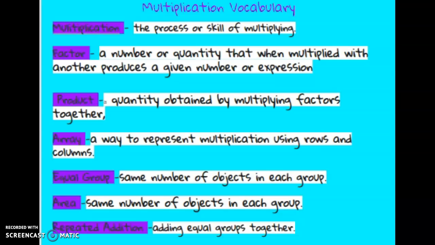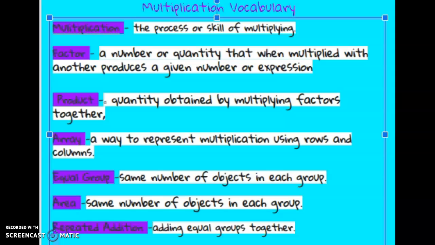We've used an array, and an array is a way to represent multiplication using rows and columns. We've also used equal groups, which means the same number of objects in each group. We've not talked about area yet, but we will be using that as well for multiplication. I don't think that's the correct definition for area, but anyway, let me get that quickly for you, and I will change that out.